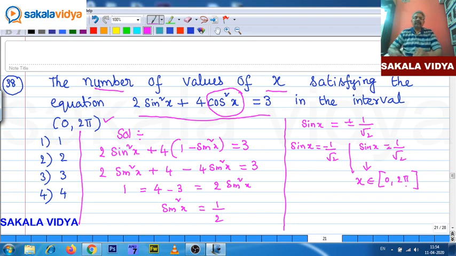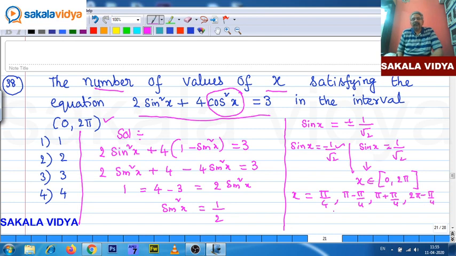Sin x is negative in the third and fourth quadrants, and positive in the first and second quadrants. So the x values are pi by 4 in the first quadrant, pi minus pi by 4 in the second quadrant, pi plus pi by 4 in the third quadrant, because sin x is negative there, and in the fourth quadrant it is also negative, so 2 pi minus pi by 4.